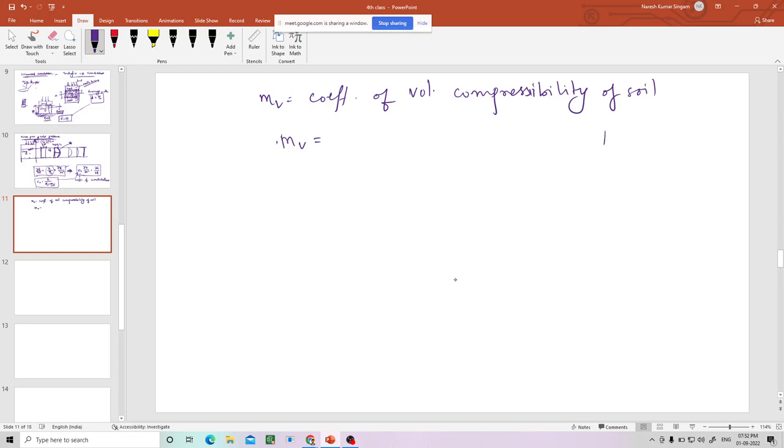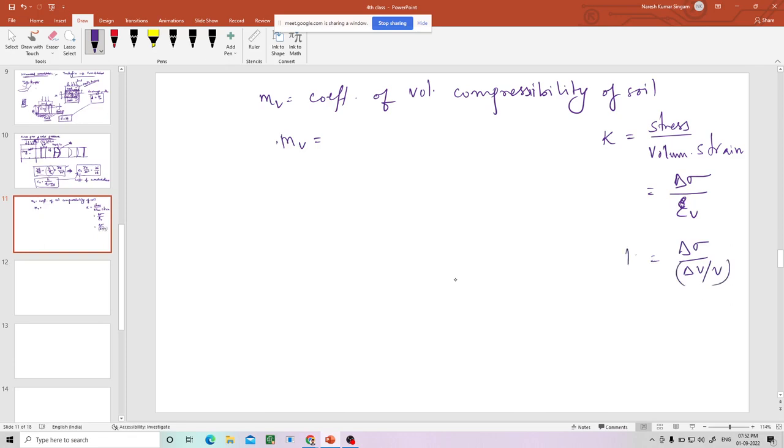So what is bulk modulus? It is generally denoted by K, stress by volumetric strain, right? You can say delta sigma by epsilon V, whereas epsilon V you can write as delta V by V, right?